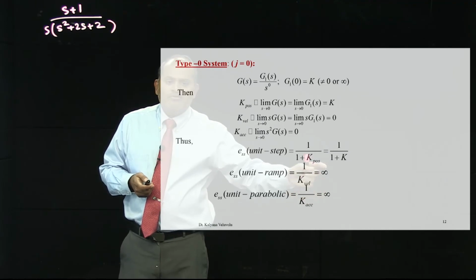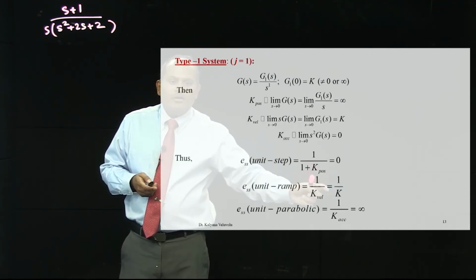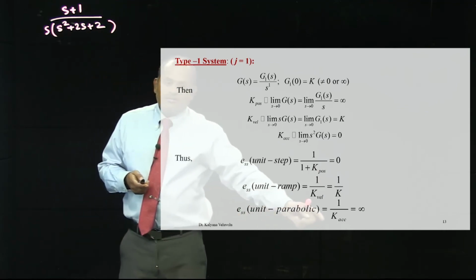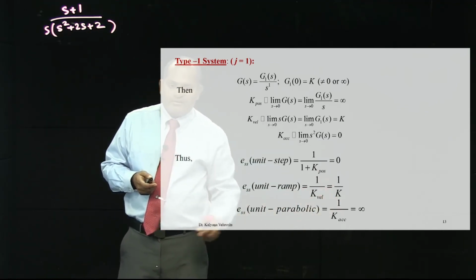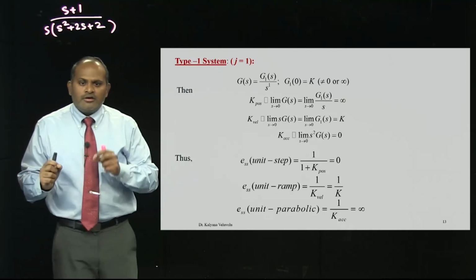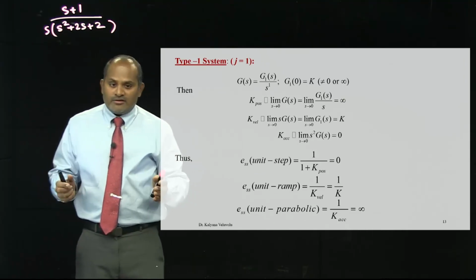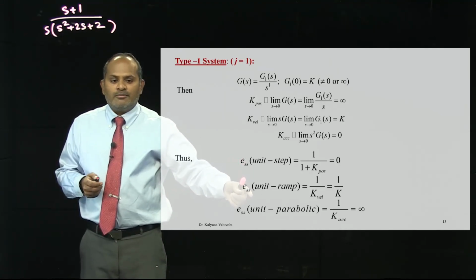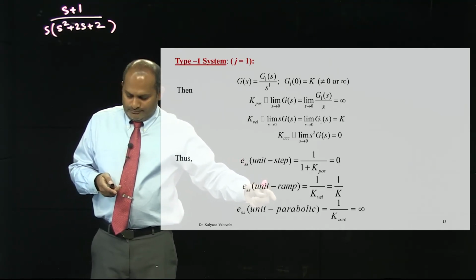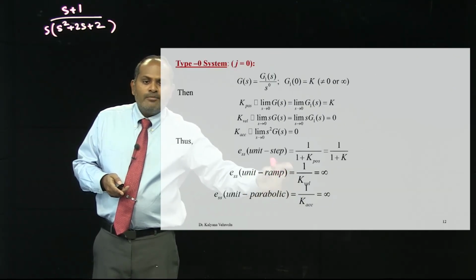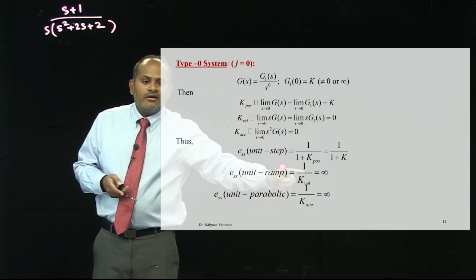Last time we got infinity for type 0, here we get constant error for unit ramp. Then for parabolic, we still get infinity error. So, compared to type 0, type 1 performance is better. It can at least give 0 for unit step and a constant for unit ramp, whereas in a type 0 system you get infinity error for unit ramp.